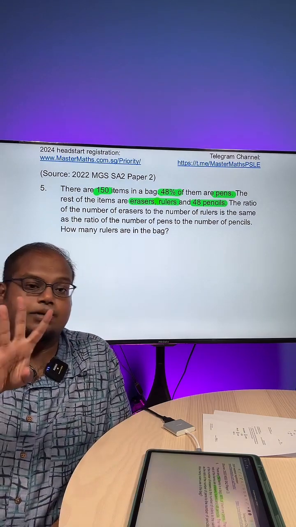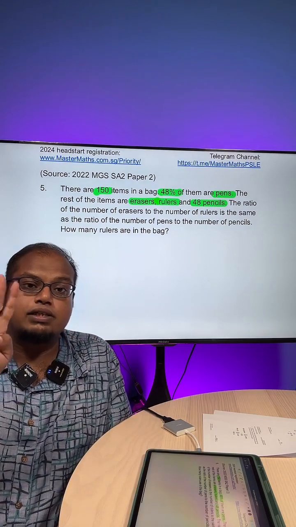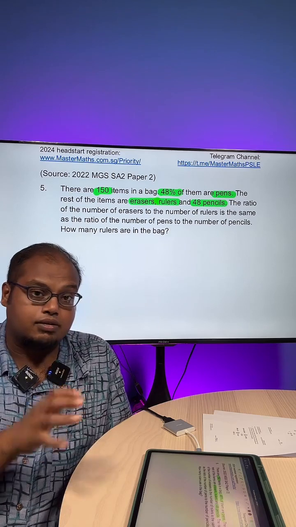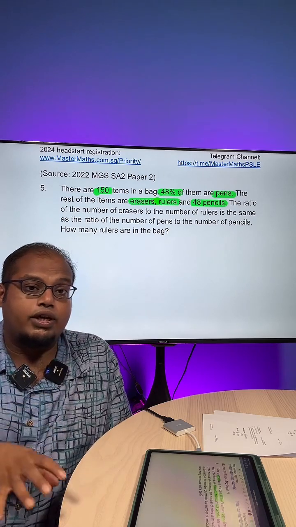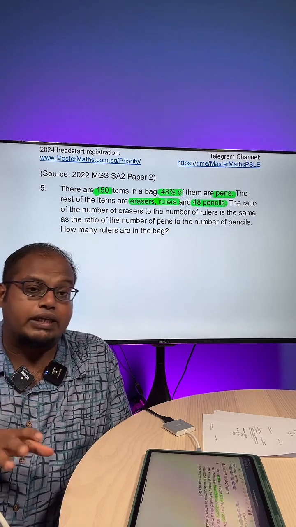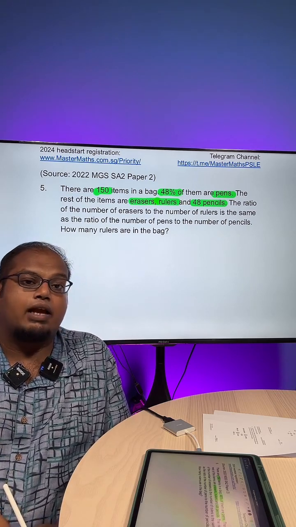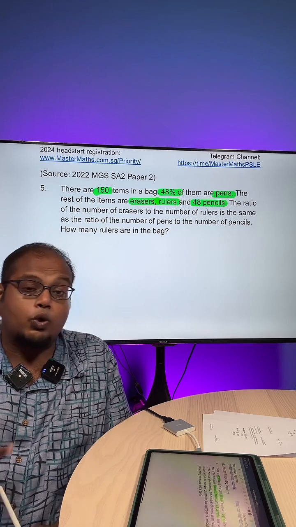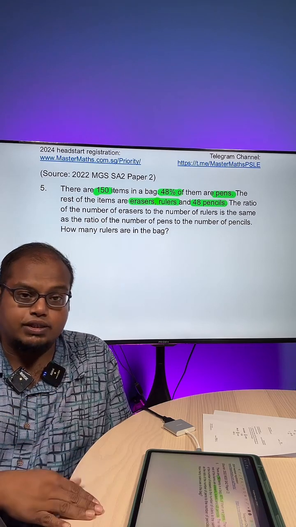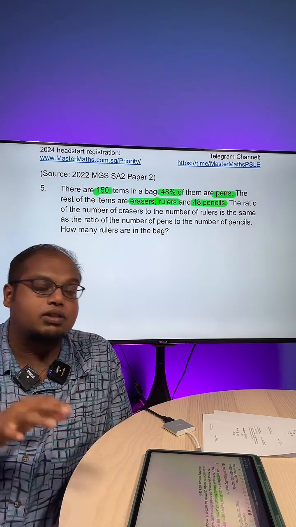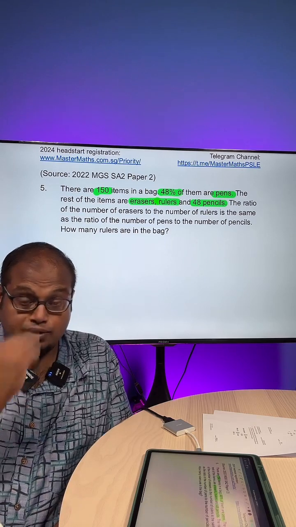So altogether there are 4 items: pens, erasers, rulers, pencils. What you know here is the total, which is 150. And we know that 48% are pens. We don't know erasers, we don't know rulers, but we know that pencils is 48 pencils.